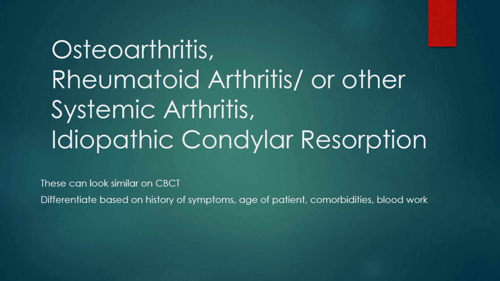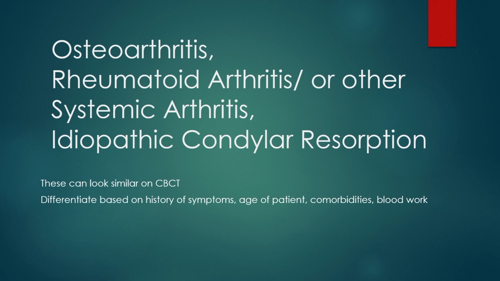Now you'll hear some patients who have previously been told that they have ICR, or idiopathic condylar resorption, but they also have rheumatoid arthritis. I would beg to differ that it's ICR; they have rheumatoid arthritis in their joint, but there's no reason to complain about that if the treatment is the same, since it looks the same, okay?